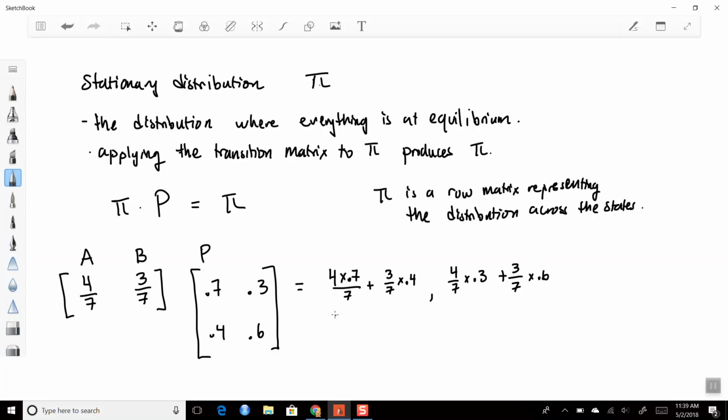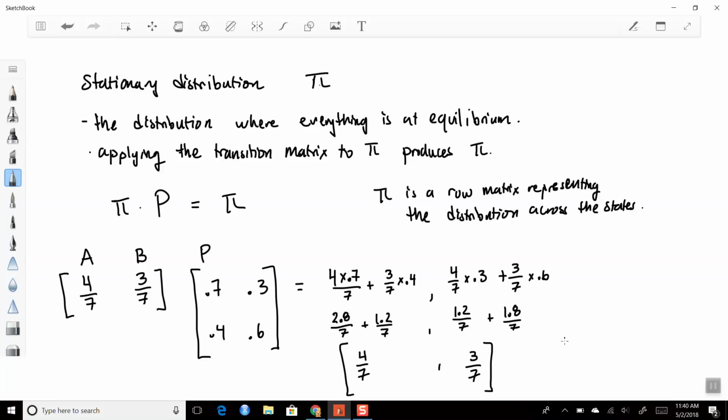If I do this, I get 2.8 over 7 plus 1.2 over 7 for a total of 4/7. And over here, I get 1.2 over 7 plus 1.8 over 7 for a total of 3/7. Starting off with this distribution, 4/7 and 3/7, after applying the transition matrix P to it, I still get 4/7 and 3/7.